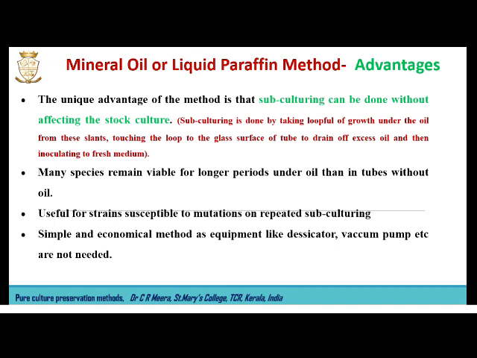It is found that many species remain viable for longer periods under the oil than in tubes without the oil. This method is useful mainly for strains that are susceptible to mutation on repeated subculture. It is also considered a simple and economical method as equipment like a desiccator, vacuum pump, etc. are not needed to carry out this procedure.